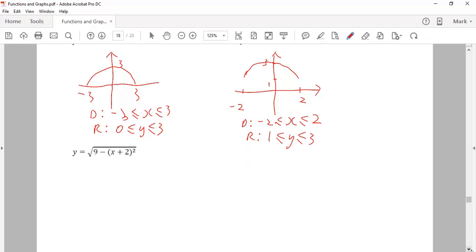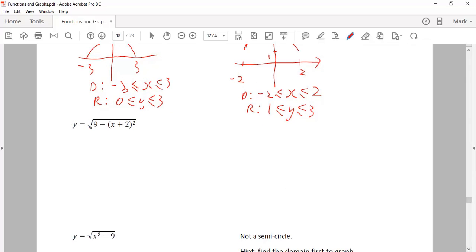Alright, so this next graph, as we know, when things are in brackets, it's going to shift it left to right. So since it's plus 2, we know it's going to shift it to the left 2 places. And then we know that from 9, the radius is going to be 3. So we shift the center left 2 places, so we get negative 2. And now we go across 3. So we get 1. Negative 5.